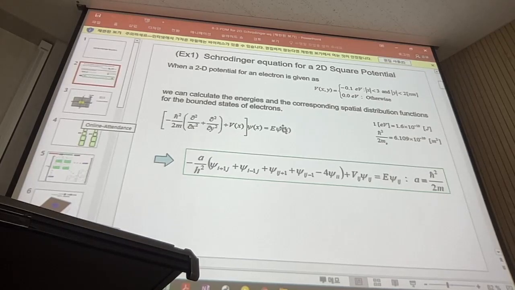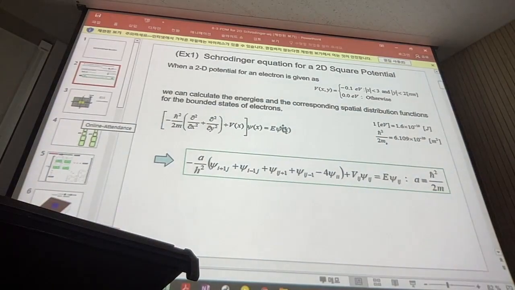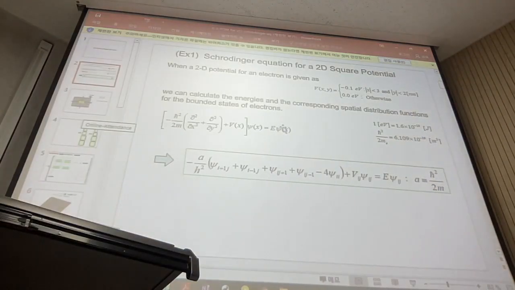So, like the case for the one-dimensional differential equation, right now we have the eigenvalue equation, eigenfunction, right.